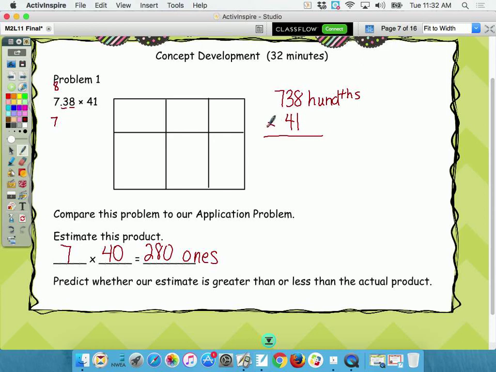So go ahead and, oh wait, I wanted to show you how to label the area model on this. It's not much different. You would just do 738, and then what word are you going to write here? Hundredths. That's how you would label it, but we're not going to do it. So go ahead and do the standard algorithm.